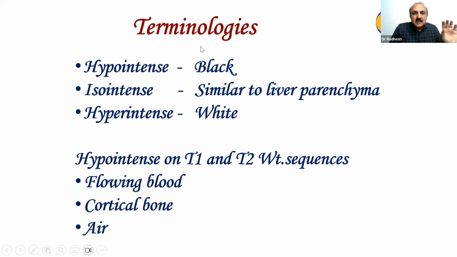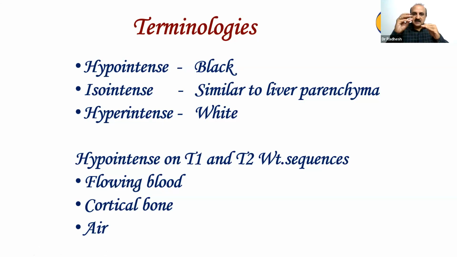Now, what are the terminologies you use in MR? You use only 3 terminologies: hypointense, isointense, hyperintense when it comes to abdomen. What is hypointense? It is self-explanatory, right? Hypo is less. So it is black. It is less white than the liver. We'll take liver as the reference.